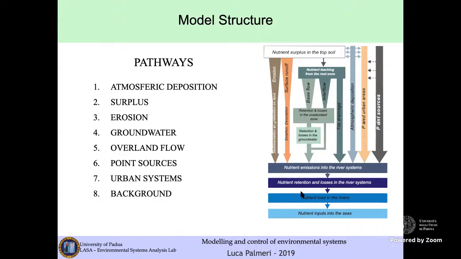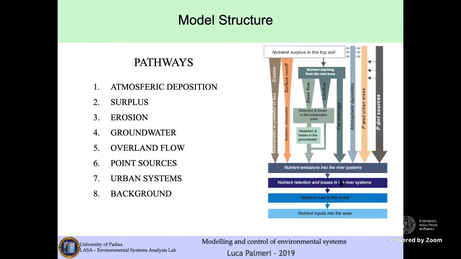But you know that self-purification is a characteristic of surface water bodies. For example, in surface water bodies, you may have denitrification that takes nitrogen away from the dissolved form in water and transfers it to the atmosphere. Or you may have a filtering effect of the soils that may trap, for example, phosphorus into solids.